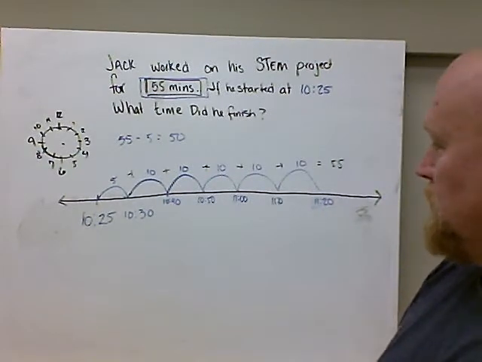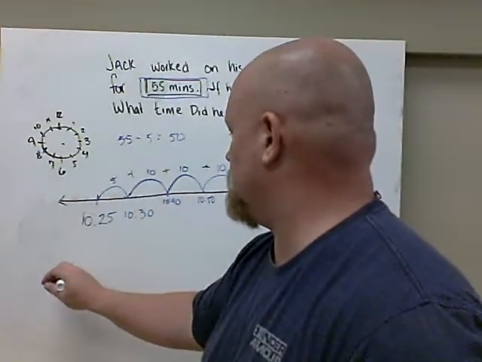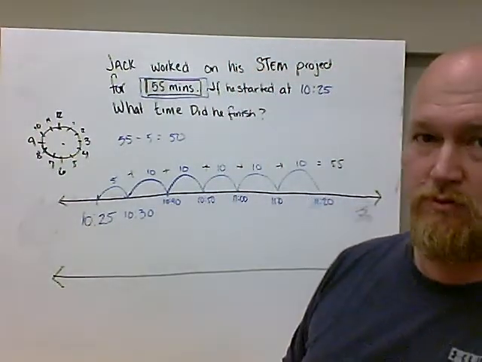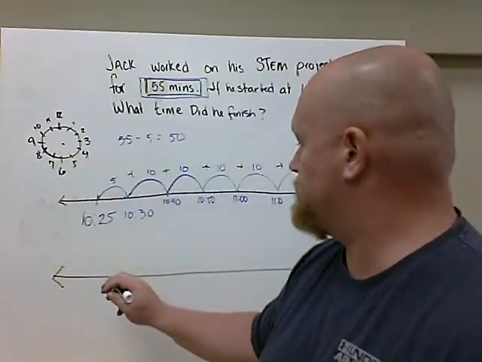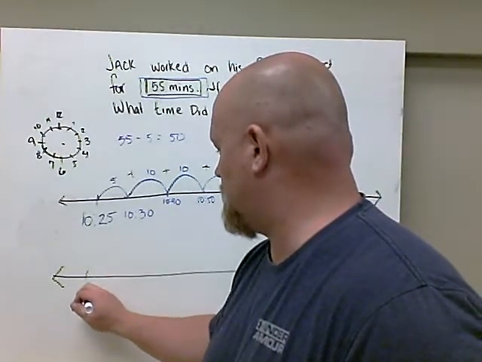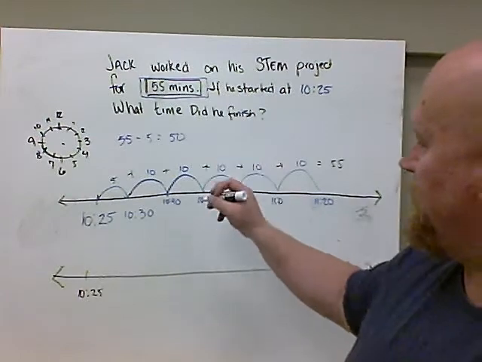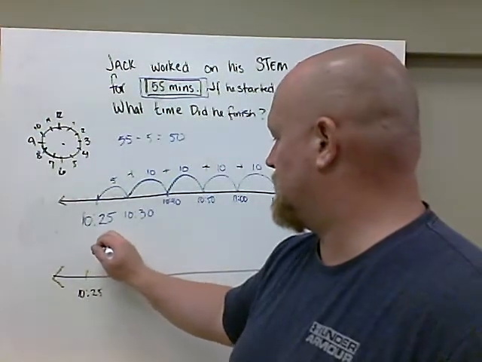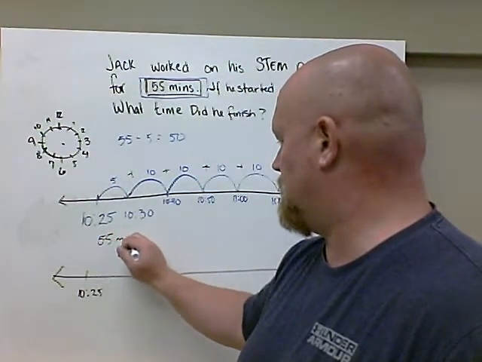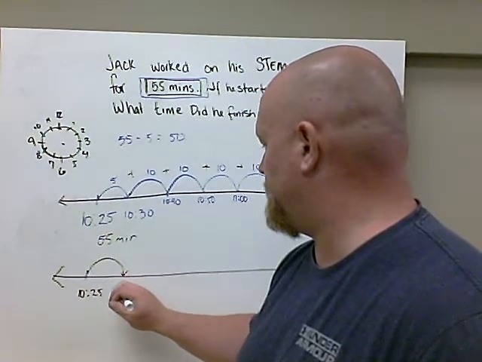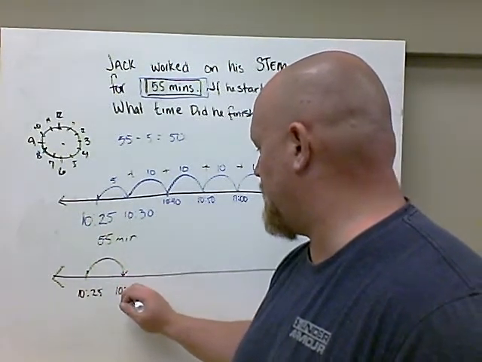Okay? Now, what if I'm good with larger jumps? Okay? 10:25. I know I need 55 minutes. Great. I'm going to do a 5-minute jump to get me to 10:30.